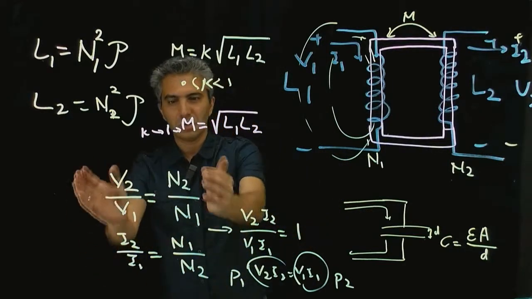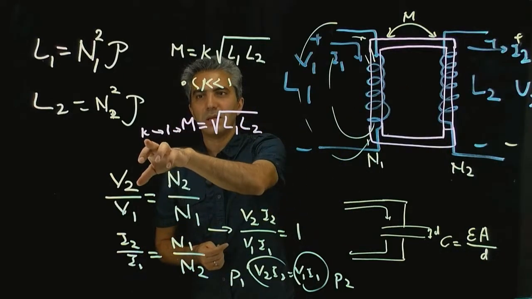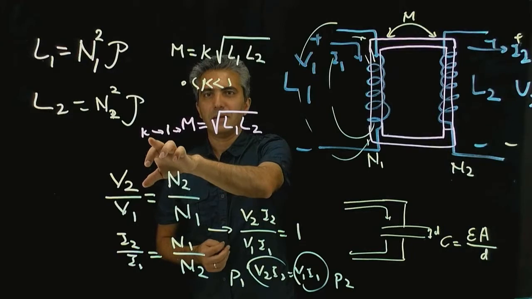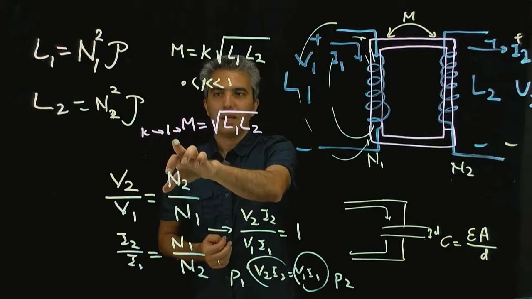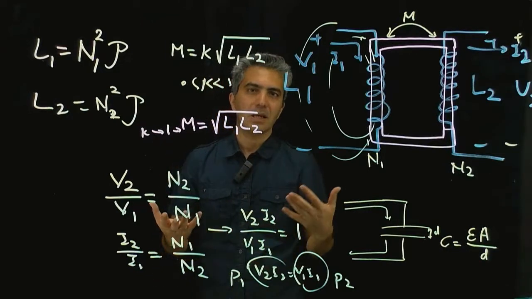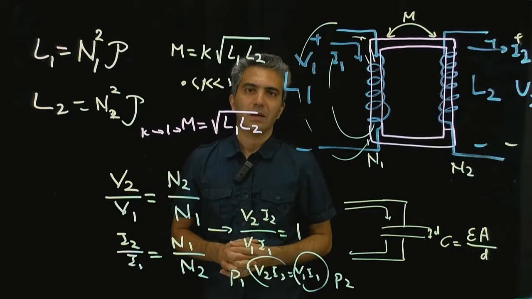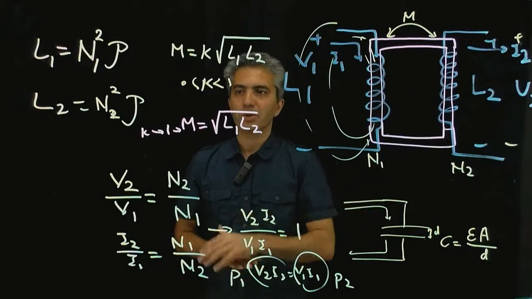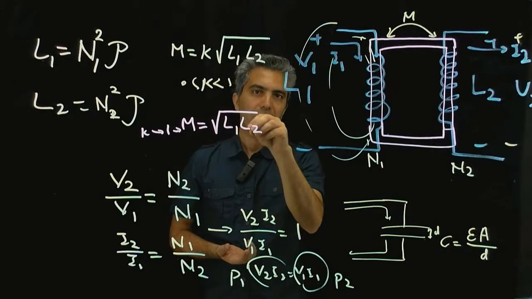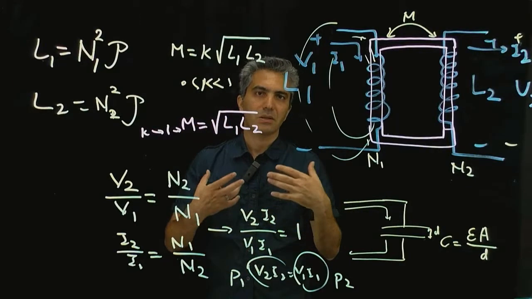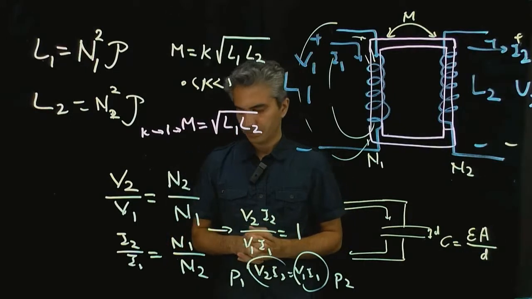These equations are used when we can approximate K, the coupling factor, to be 1, and that approximation is a lot of times good enough to be used for transformers. In other words, k equal to 1 is the situation for an ideal transformer, which is a good starting point in a lot of circuit analysis questions.